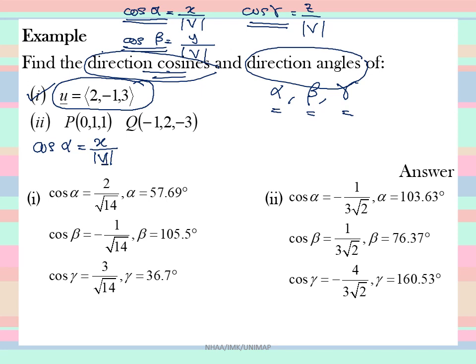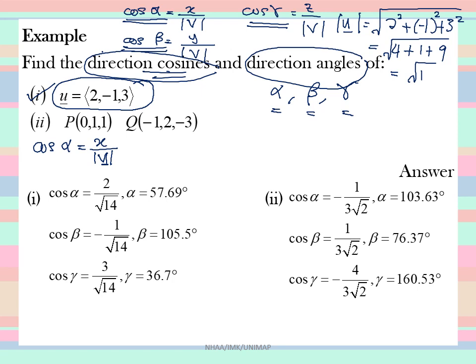We need the length of vector u, so calculate the magnitude. The length of vector u is x squared, which is 2 squared, plus negative 1 squared, plus 3 squared. That is equivalent to 4, 1, 9, which is the square root of 14.